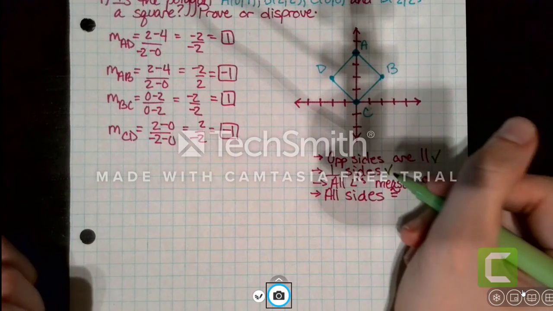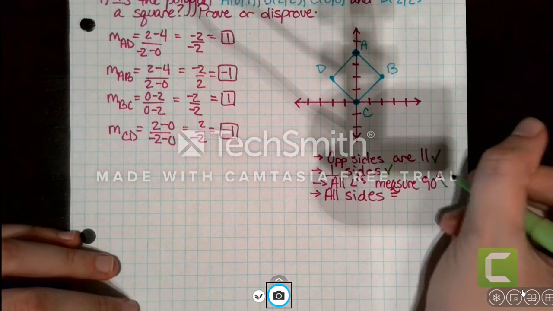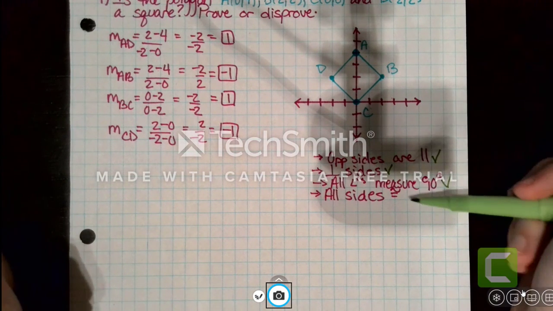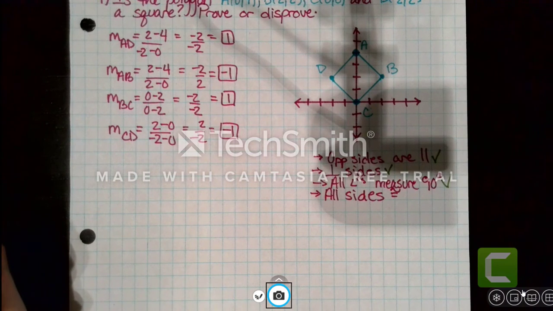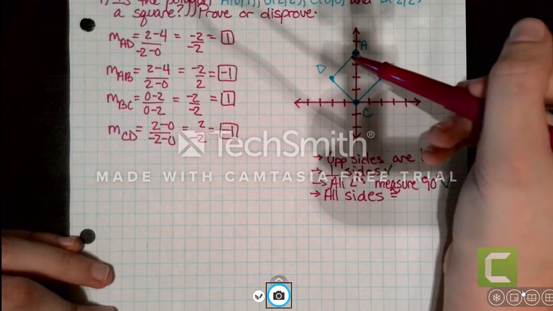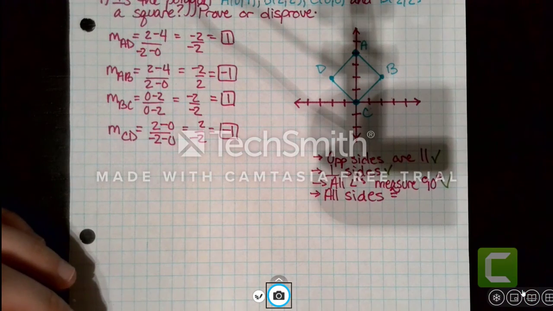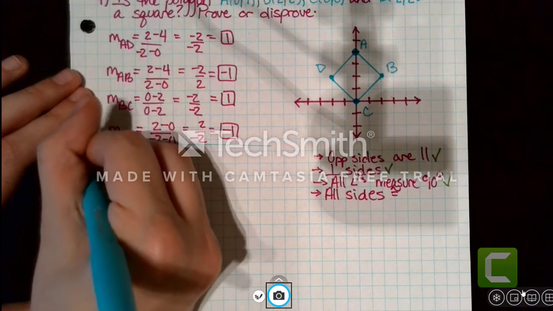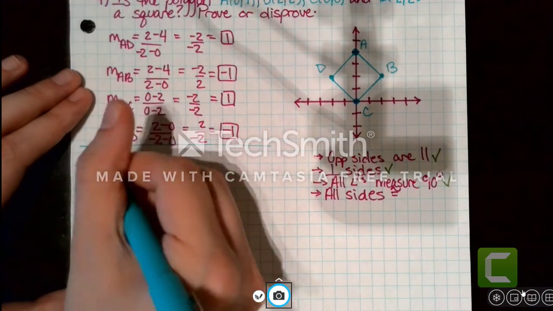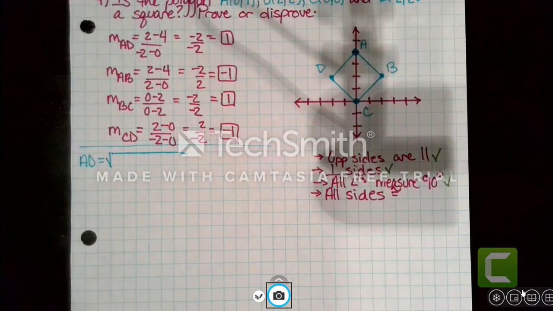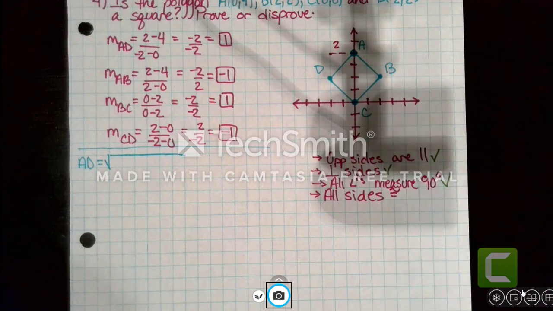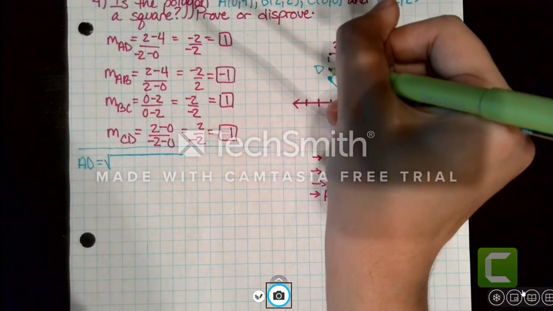And we're able to prove, since we have perpendicular sides, that A, B, C, D all have angles that measure 90 degrees, but we still need to prove that sides are congruent, which means that we have to find the distance of every single side. To start, we'll find the distance of side AD, which means that we're going to take the difference of your base measurement, which is 2, and the height, which is 2.